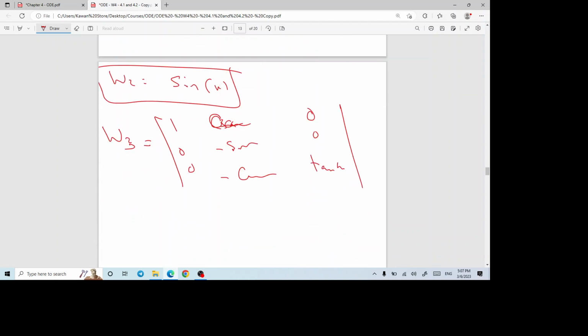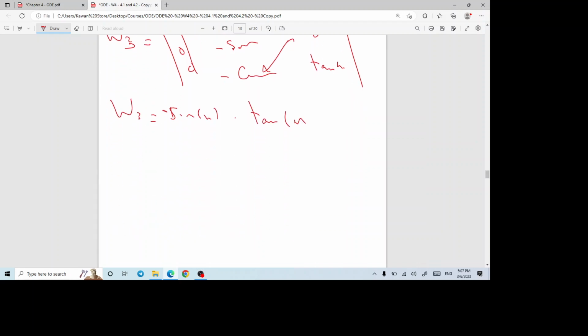Column by column, we're shifted. Then again, I'm going to use 1. Sine by sine. So I'll get what? And 0. So minus sine of x multiplied by 1, 0. That's W3. Do you have any problem?